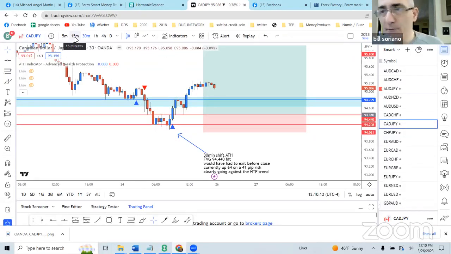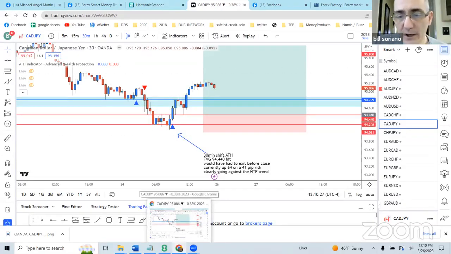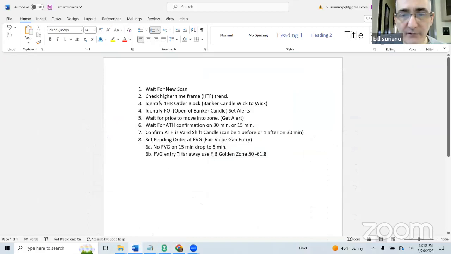Now, if we can't find a valid ATH shift candle on the 15 that has a fair value gap entry, right? This is the only case where we can go down to the 5-minute chart, to identify a shift ATH candle that has a fair value gap entry, and we can take the trade on the 5-minute chart.